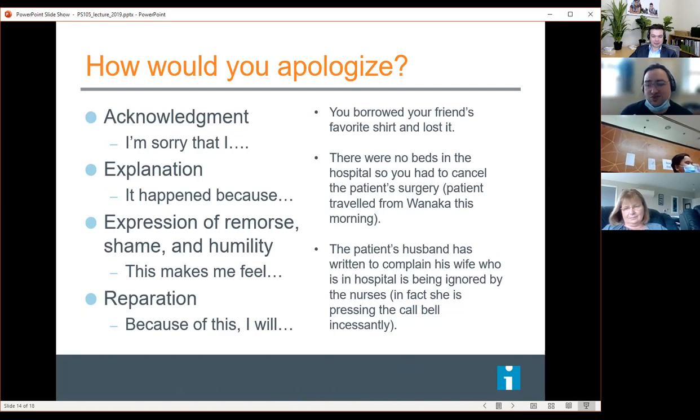I'll try very hard to make up for the loss by suggesting that I pay for a new shirt or whatever the item was that was damaged, probably purchase something similar for them just to say I'm so sorry. Oh, you're a good friend. Yeah, I'm sure that apology would go down fine.